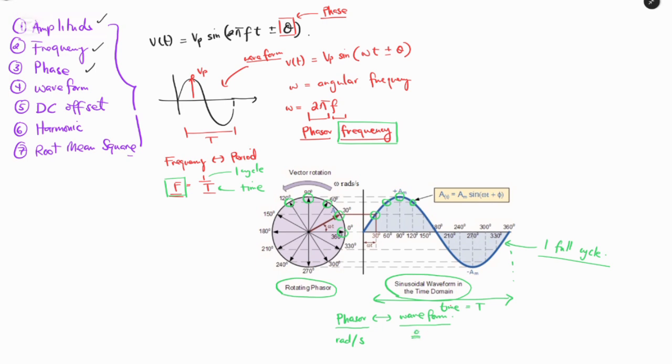To show this relationship, 0 radians is equivalent to 0 degrees, pi on 2 radians is equivalent to 90 degrees, pi radians is equivalent to 180 degrees, 3 pi on 2 radians is equivalent to 270 degrees, and 2 pi radians is equivalent to 360 degrees.